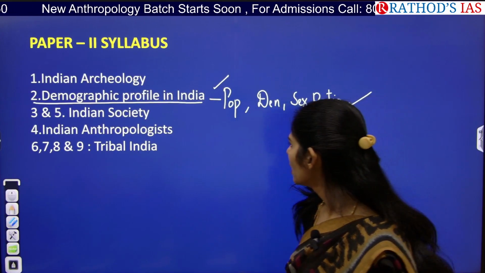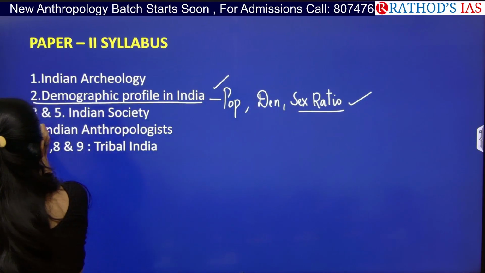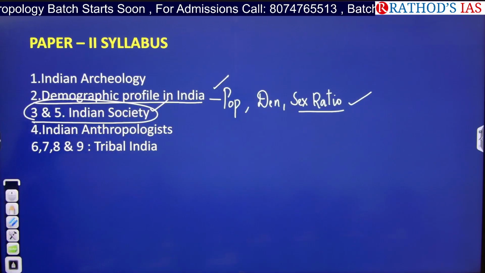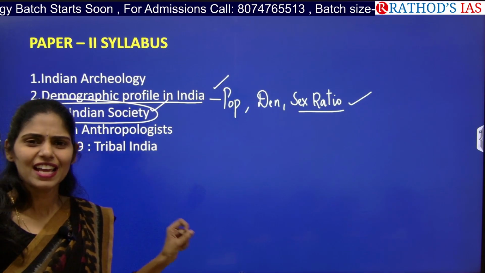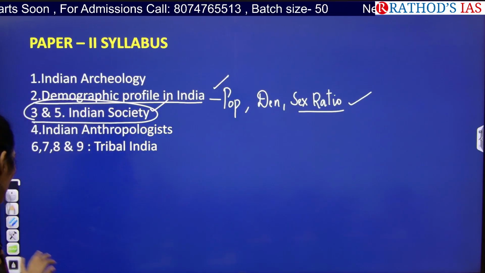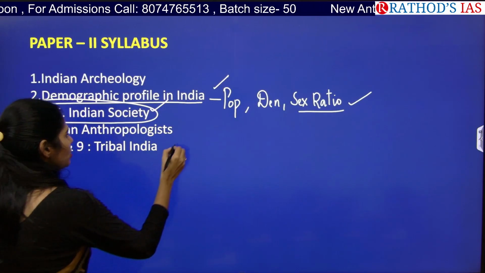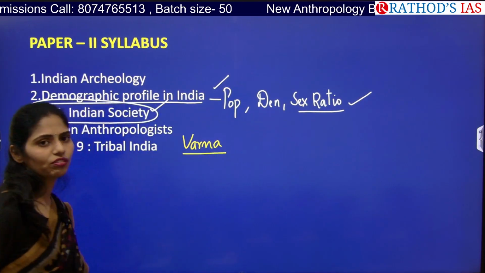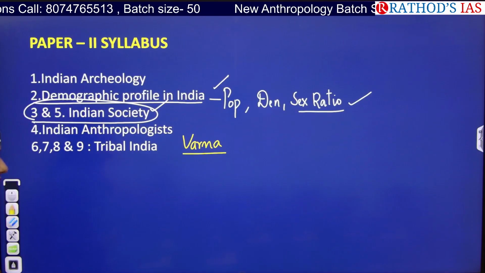And next, the third and fifth chapter is about Indian society. Here you will be learning many things, and this also you must have done somewhere in your society part. I think you know about this Varna system. How many Varnas are there? We have 4 Varnas. It is also called the Chatur Varna system.